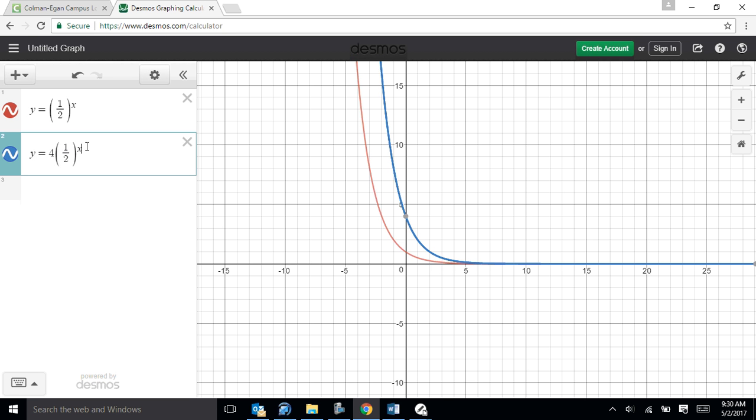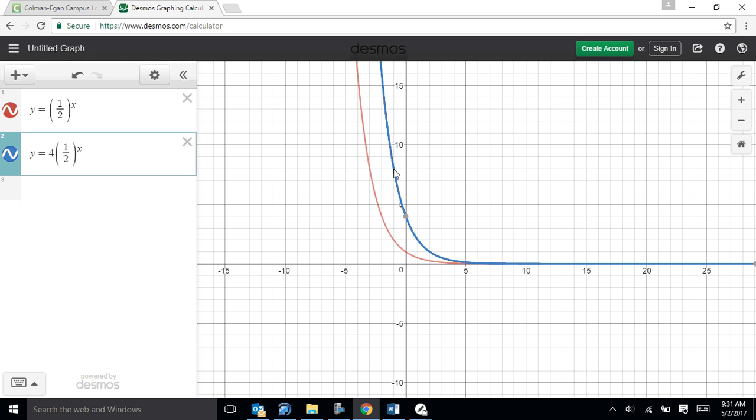Our x-intercept here is 1, and our y-intercept here is 4. So that was multiplied by 4, right? And then what else do we know about our lines? Like here we have a point at -1, 2, and then at -1 we have 8. So what happened to those 2 points?